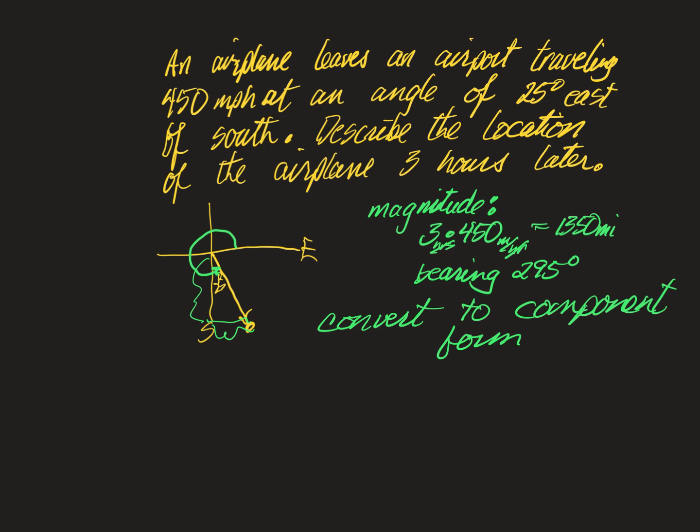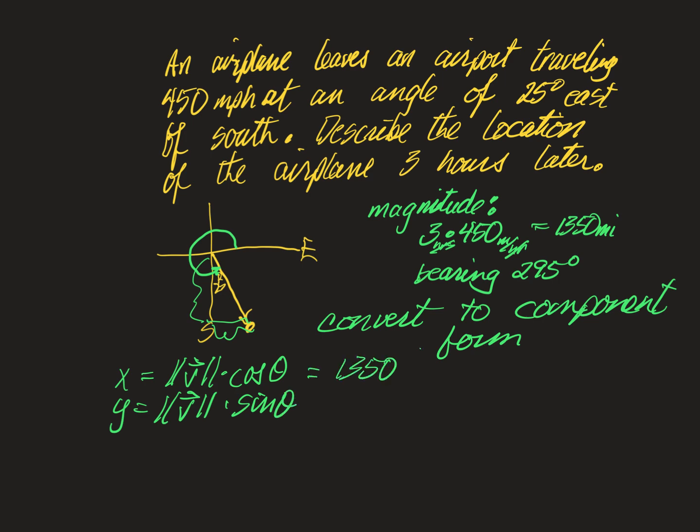And the way we do that, if you remember, x is equal to the magnitude of the vector times cosine of the bearing, and y is equal to the magnitude of the vector times the sine of the bearing. So in this case, it would be 1350 times cosine 295 degrees, and this would be 1350 times the sine 295 degrees.